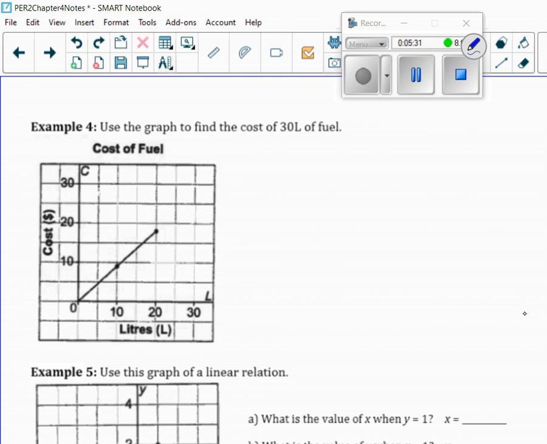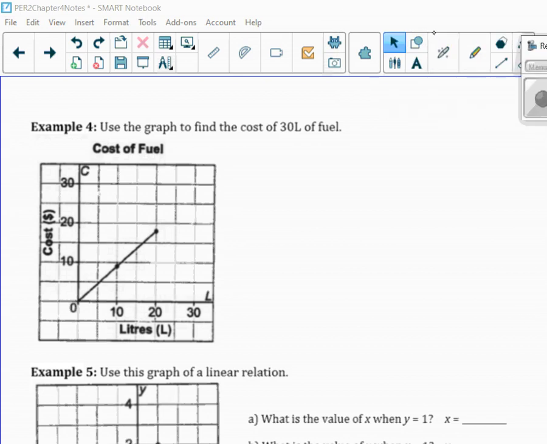Sometimes they give you a part of a graph and then you just have to extend the line. Again, you need to use a ruler. As you can see, for the cost of 30 liters of fuel, the line does not go far enough, so we're going to take our line and extend. Now I can read 30 liters up.